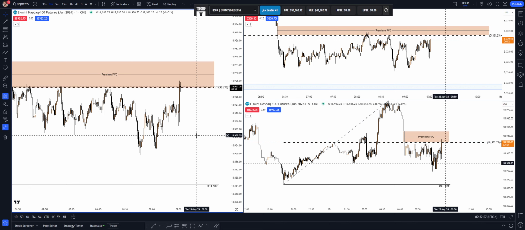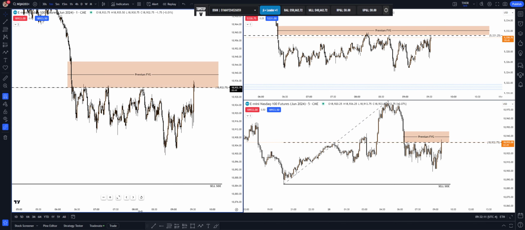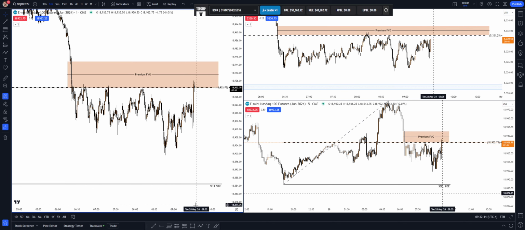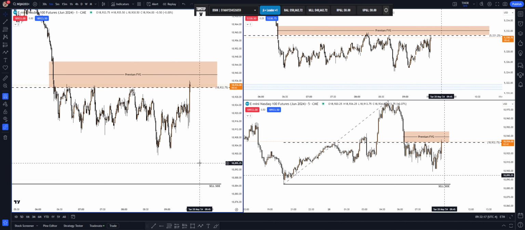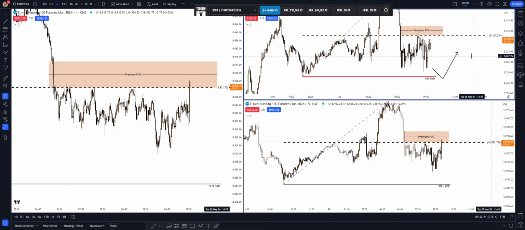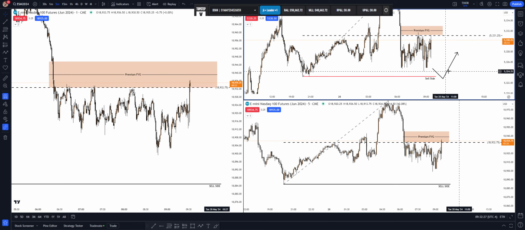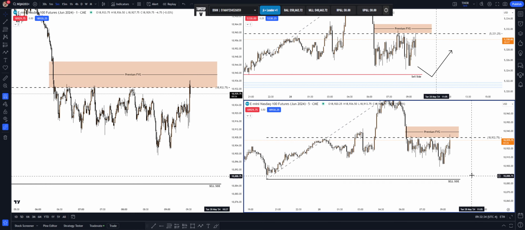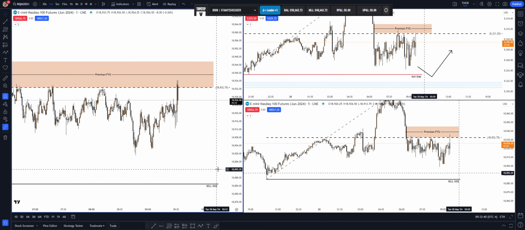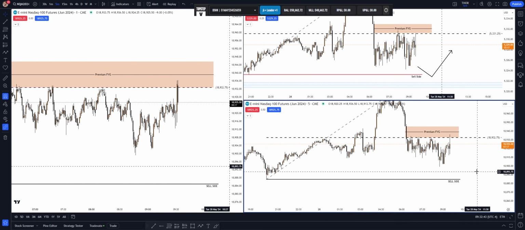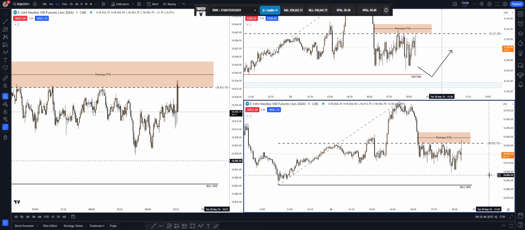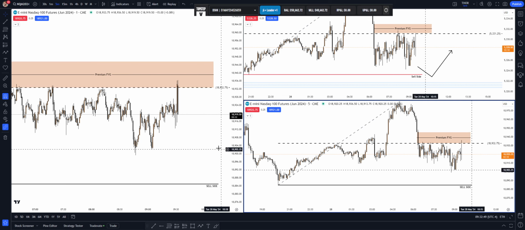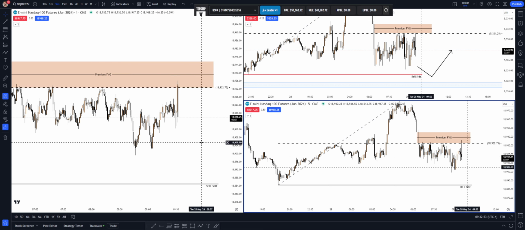So it popped here, and engulfed. It's engulfing the 1-minute candle.